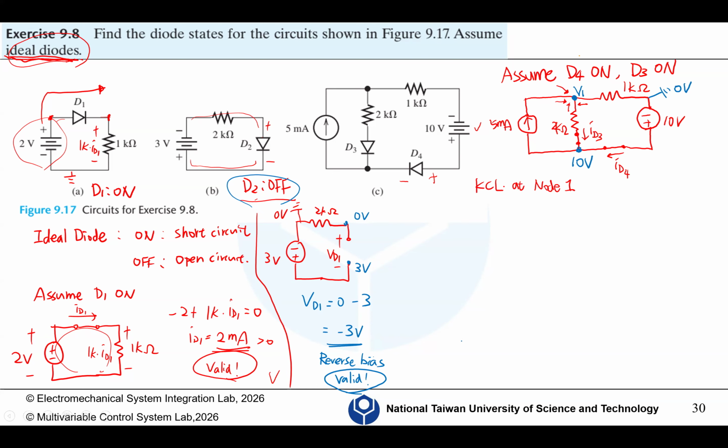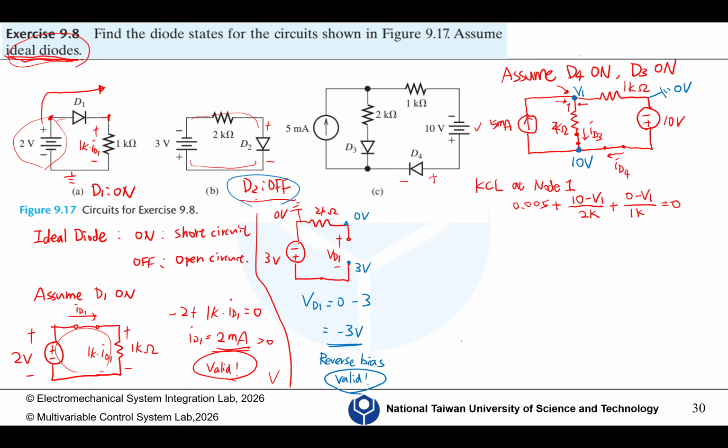So we have 5 mA, so 0.005, plus (10 minus V1) divided by 2K, and then plus (0 minus V1) divided by 1K, equals 0. And you should be able to find V1.